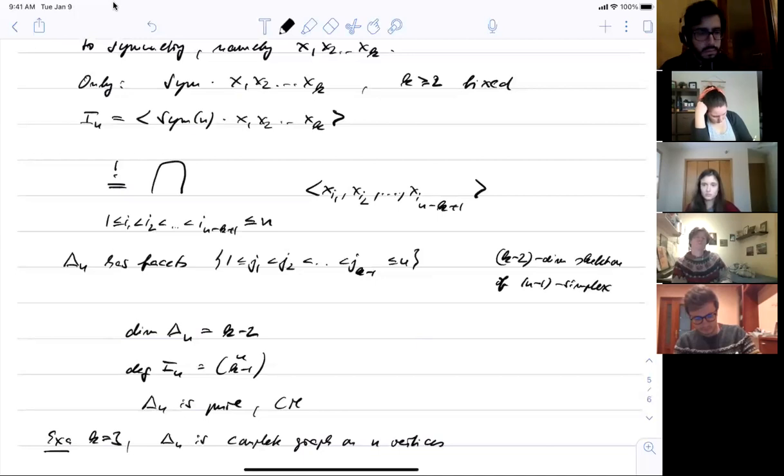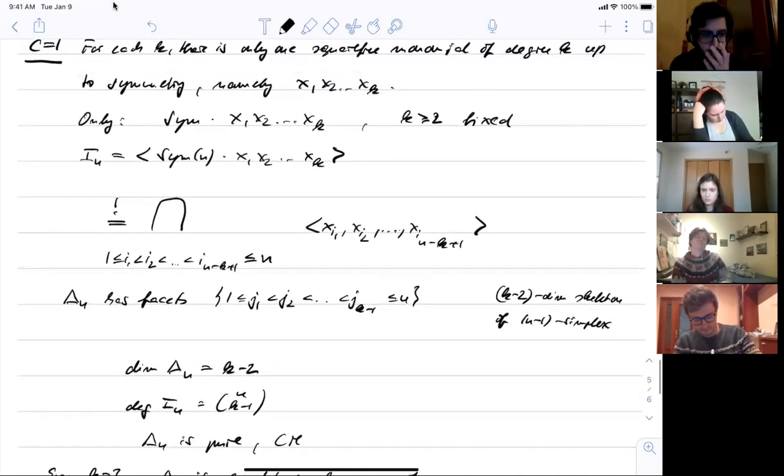So if you have just one row of variables, and we insist on symmetry, that's the whole picture.